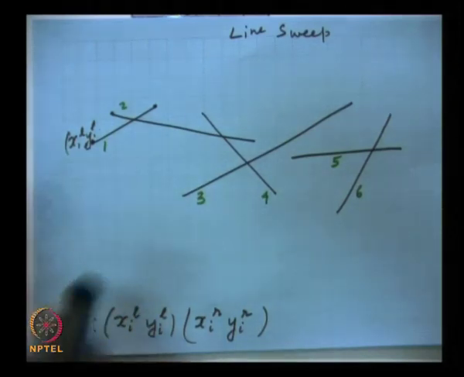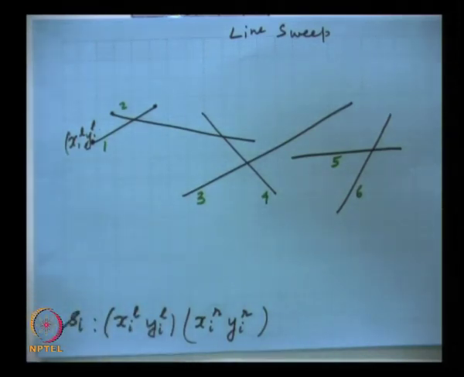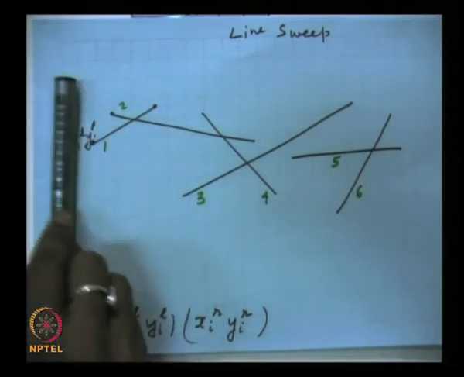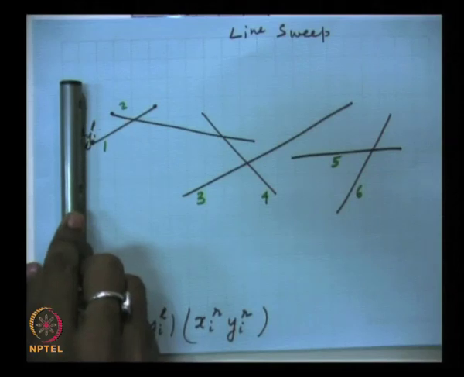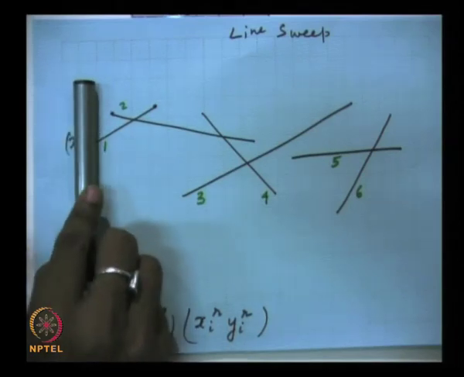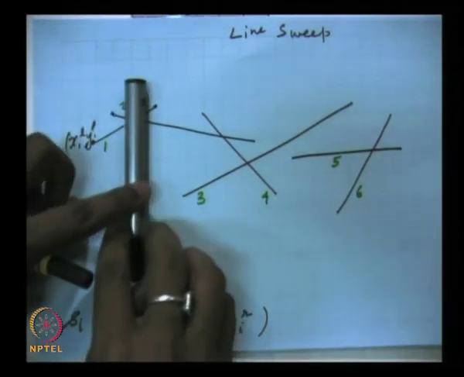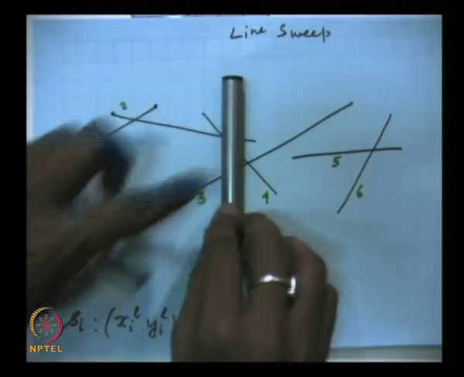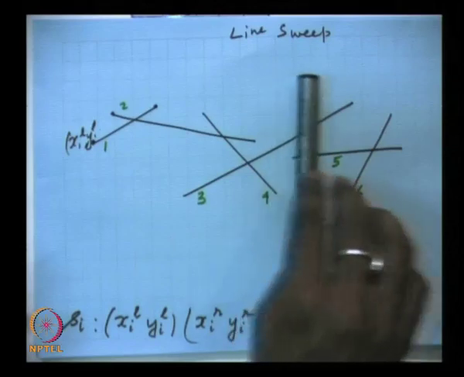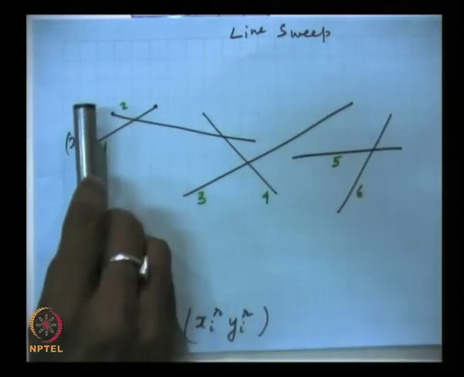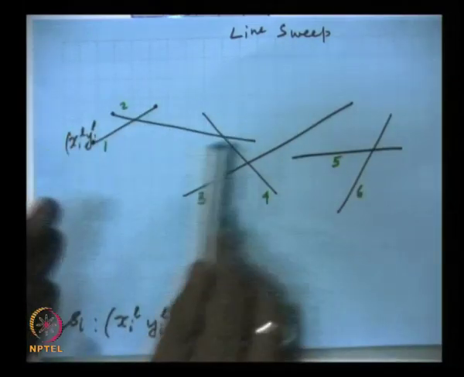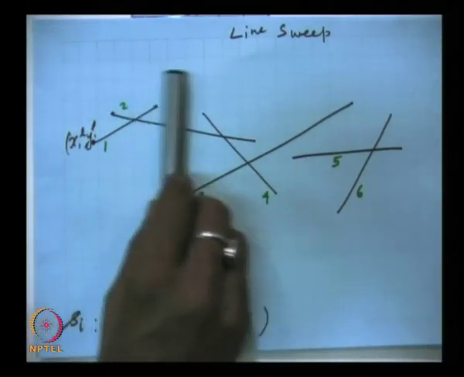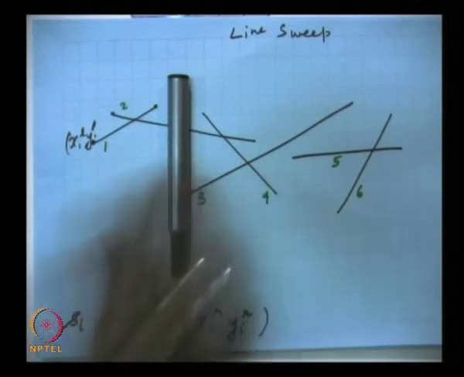So, when I say we start from here, hypothetically what I am going to do is take a vertical line, starting to the left of the leftmost point, and pretend that I am translating that vertical line from the left to the right. It is like I am taking snapshots as I move from left to right. So, at any point of time, my snapshot is the intersection of this vertical line with the line segments.